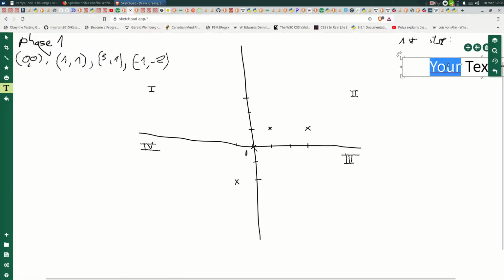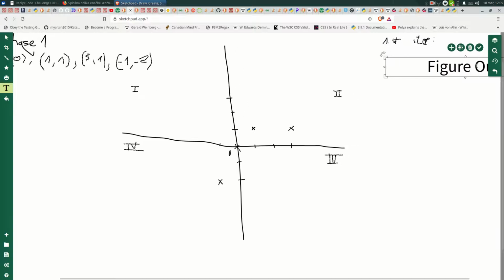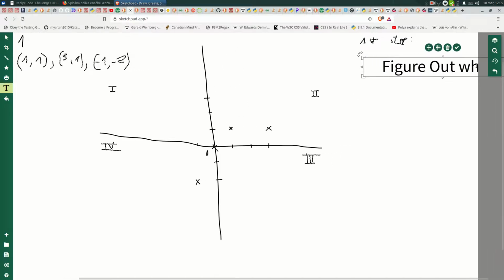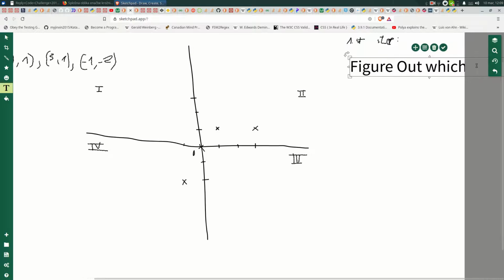So we say over here, and we need to move it. How do we move it? Let's say figure out which point is the nearest to which point.